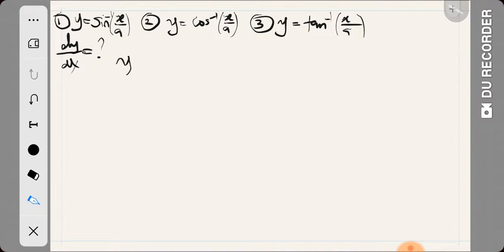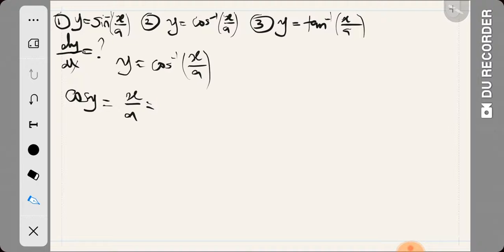Now we have y equals cos inverse of x over a. The first thing to do is to take the cosine of both sides, so that the cos inverse cancels out, leaving x over a. So cosine of y equals x over a, and we can write x over a as 1 over a times x.